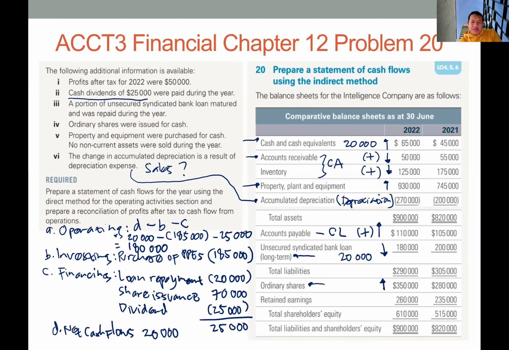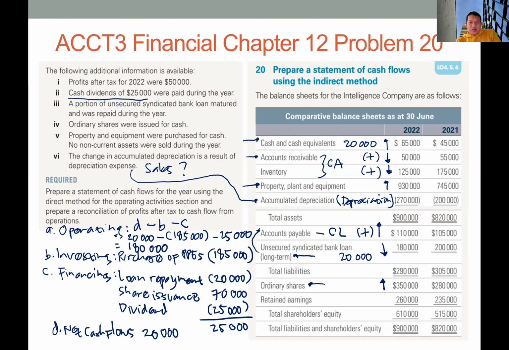Not really necessary, because if they want to do that, the mature portion should already be in the current liabilities, in the account payable. So they have to reclassify the mature portion in this account payable. It should be a different section of the balance sheet.